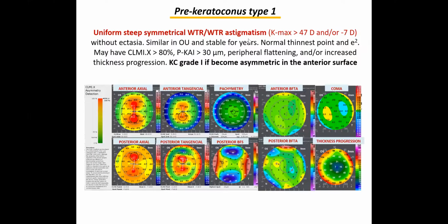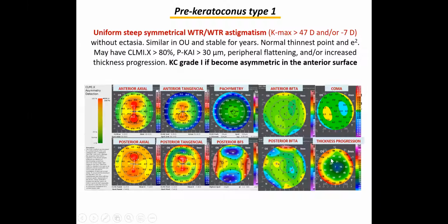So this is prekeratoconus type 1. It's a very steep bow tie, either in anterior or posterior axial and tangential maps. Most of these cases have good pachymetry, and there is no evidence of a lump in the posterior BFS elevation map. And you can see in the BFTA maps that there is no asymmetry.